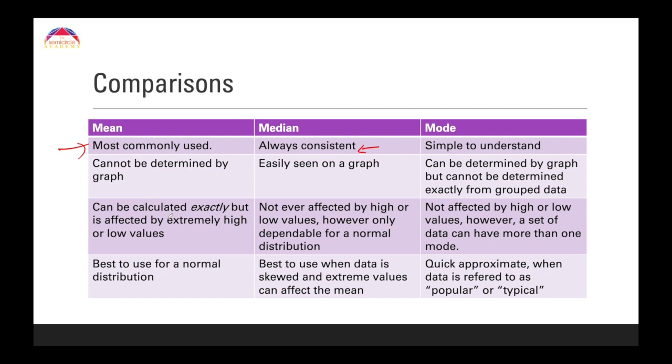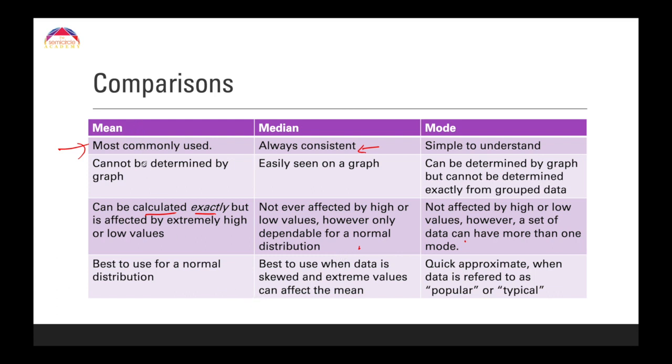For example, one of the advantages of the mean, the average, is that it can be calculated exactly. The median and the mode are not generally calculated exactly. You just read the mode off of the graph, or you could read the mode off of the table.